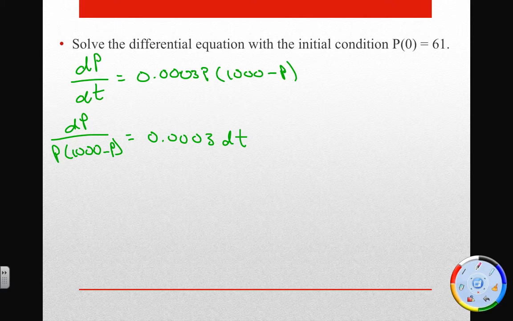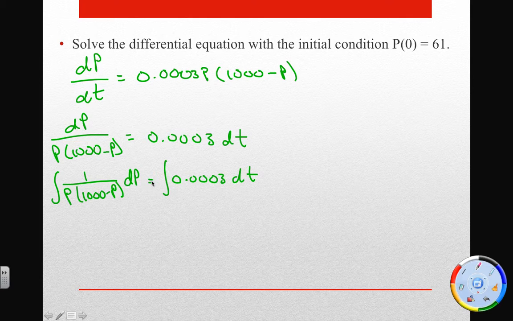Well, now what? Now we need to integrate both sides. If I'm going to integrate this side, this becomes the integral of 1 over P times 1000 minus P dP equals the integral of 0.0003 dt.